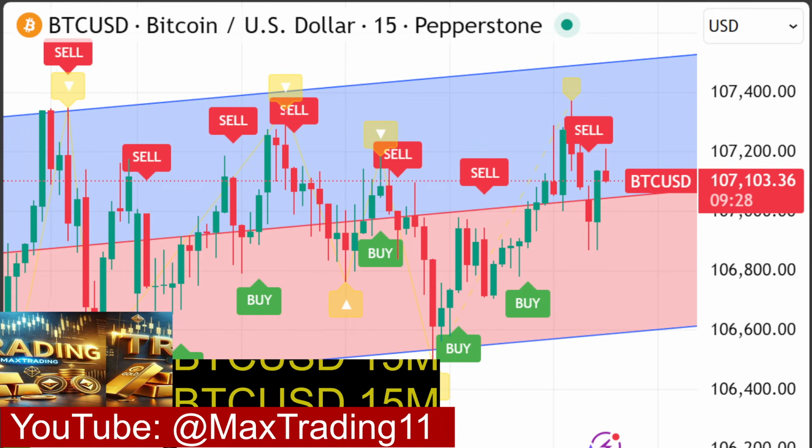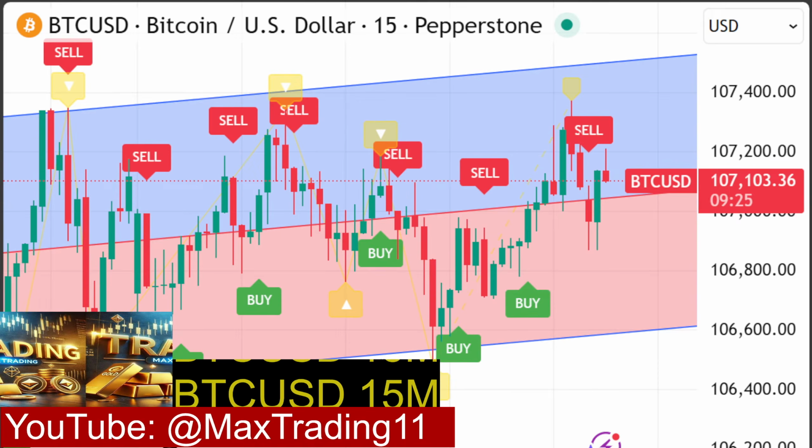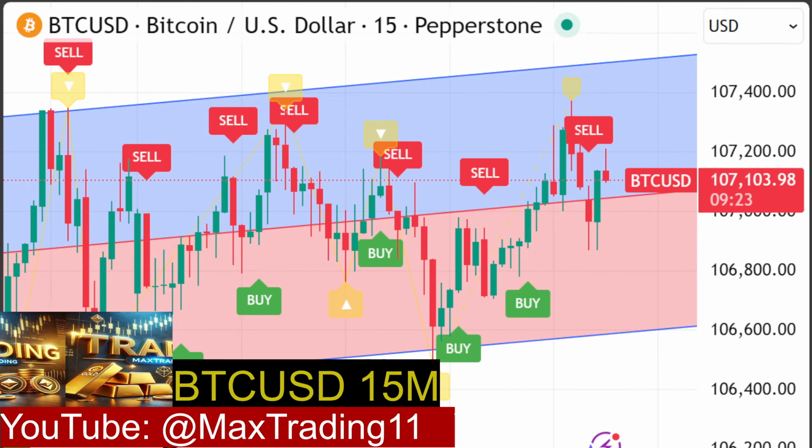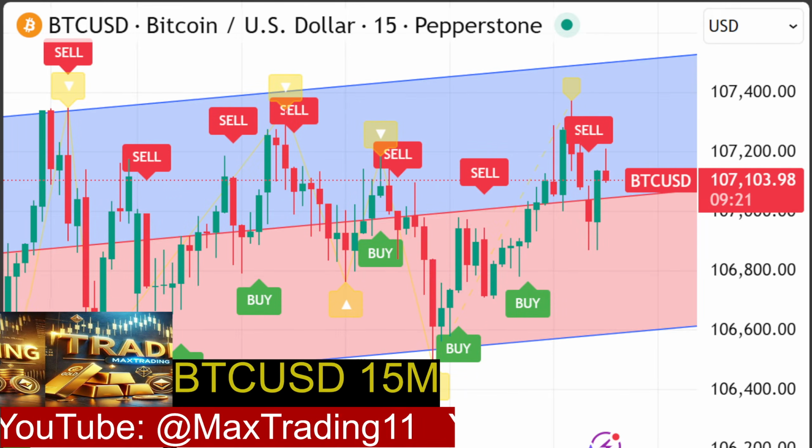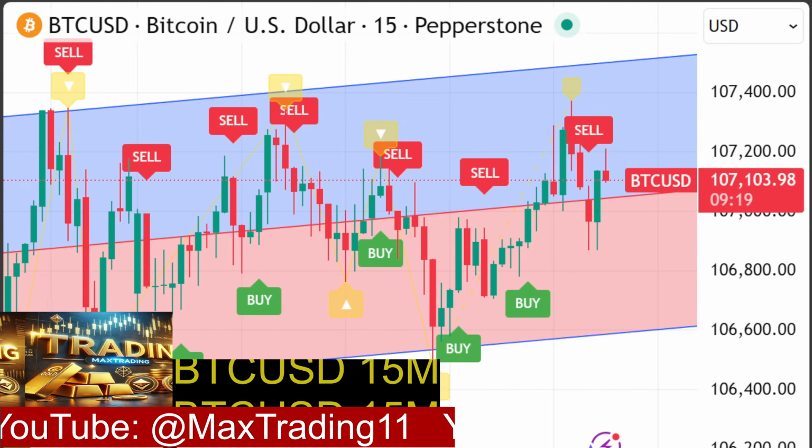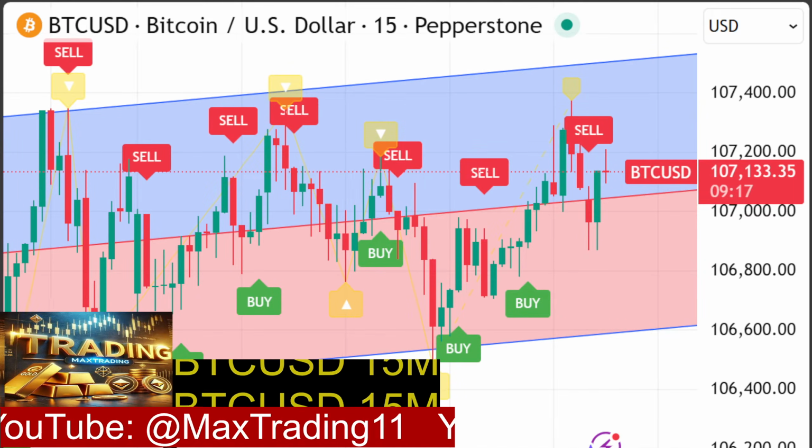7. Bitcoin's unique volatility. Bitcoin's volatility is both a gift and a challenge. It offers massive opportunities for day traders, but also requires strict risk control.